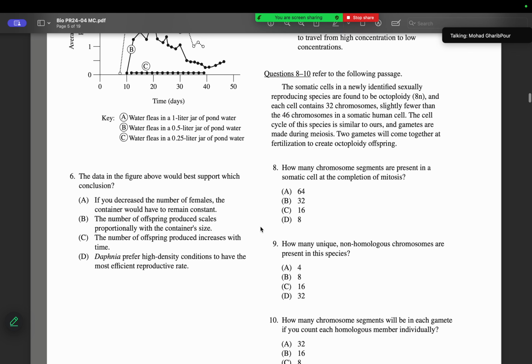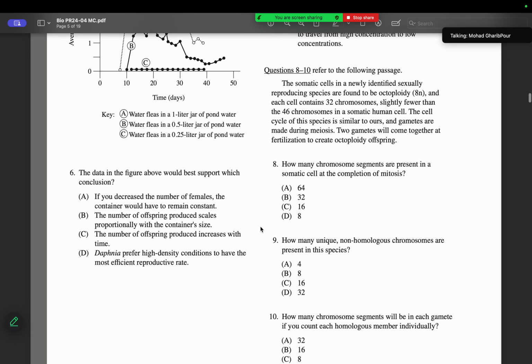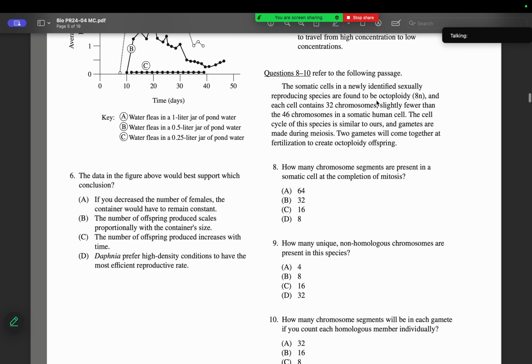And then we have 8, 9, 10. The somatic cells in a newly identified sexually reproducing species are found to be octoploid. Octoploid means you have 8 sets of homologous chromosomes. And each cell contains 32 chromosomes, slightly fewer than the 46 chromosomes in a somatic human cell.